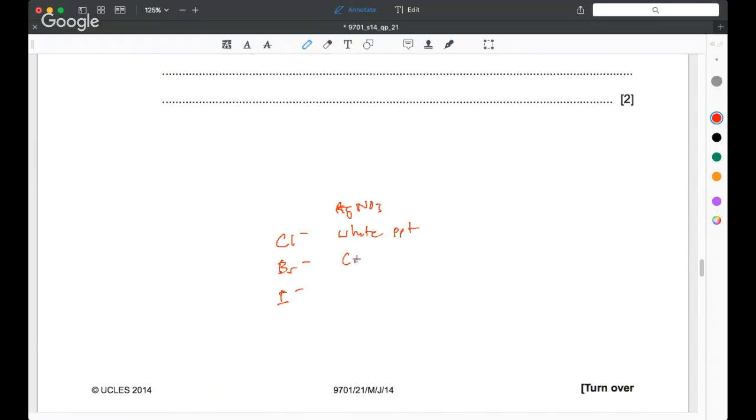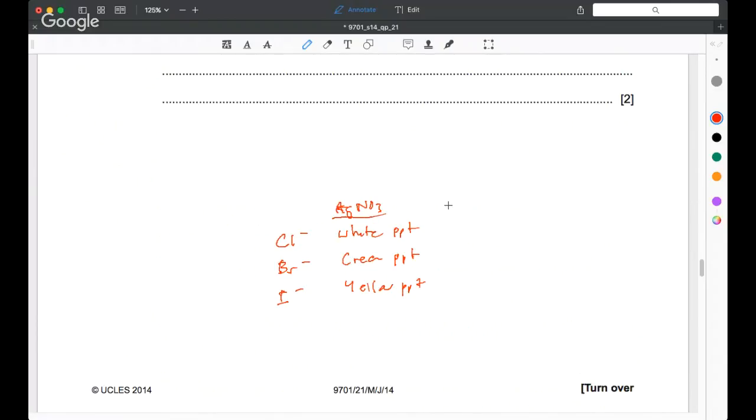Bromide ions form a cream precipitate, and iodide ions form a yellow precipitate. Now that should be enough to discriminate between chloride, bromide, and iodide ions, but it might not be that easy to be absolutely sure between white and cream, or between cream and yellow.